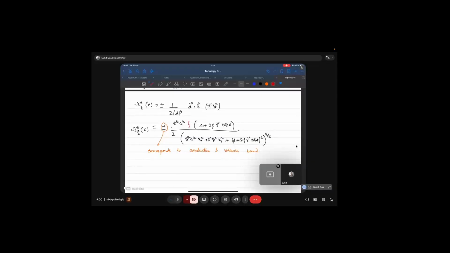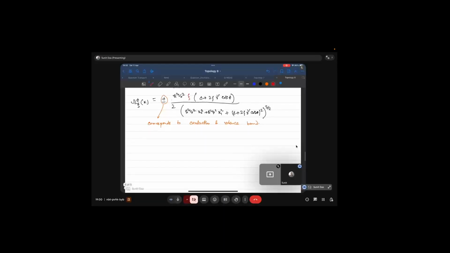And this is actually very important. I'll tell you why it is important. So we have the Berry curvature expression, and there are quite a few important observations that we can see.